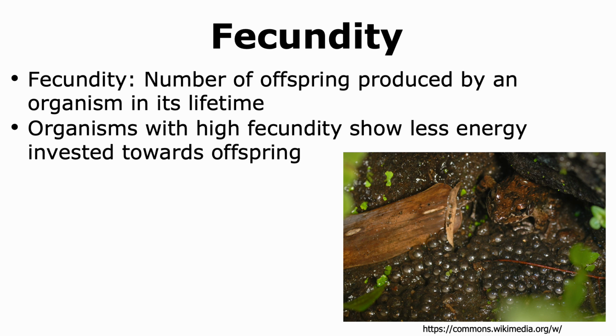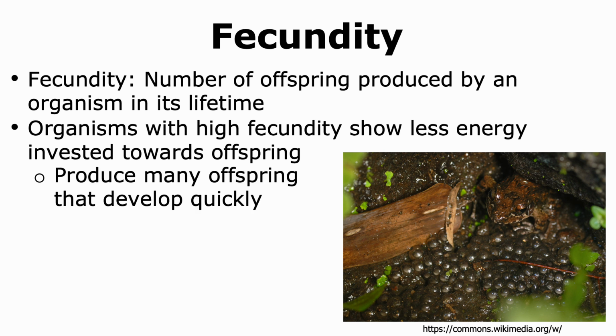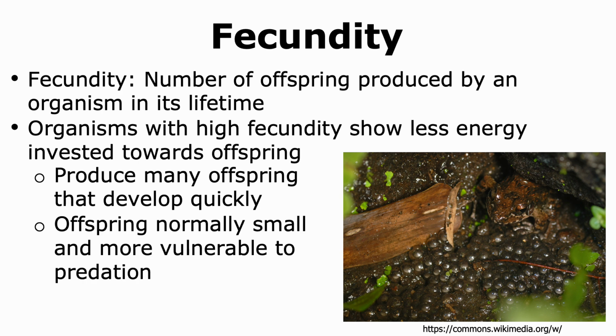They spend a lot of their energy in making many offspring, and these offspring have the tendency to develop quickly without any parental support. The offspring are usually small and are more vulnerable to predation, and hence not many of them survive. Examples of organisms that show high fecundity include frogs and other types of insects and marine animals that tend to be small.